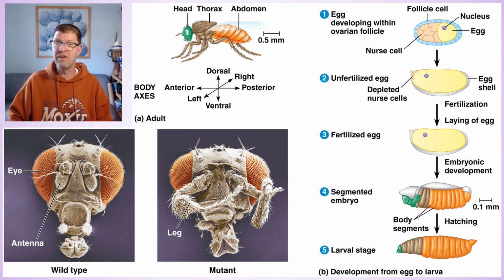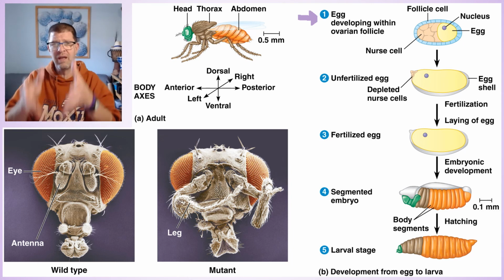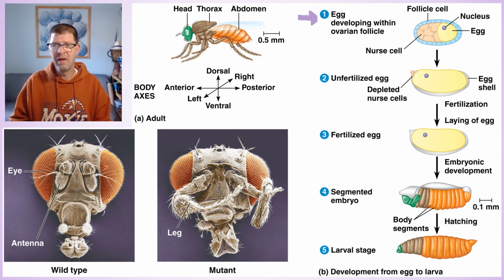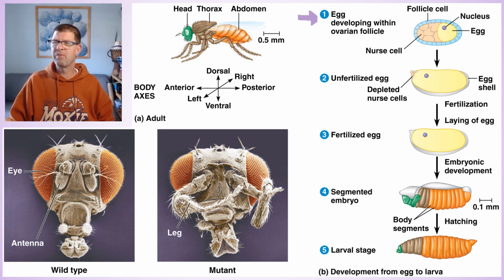So what do we have here? Well, as I said, with pattern formation, we usually have cells early on in embryonic development that have very predictable patterns in reactions with the cells around them. So we have something called an egg cell or an egg nucleus here, which has nurse cells and follicle cells around it.